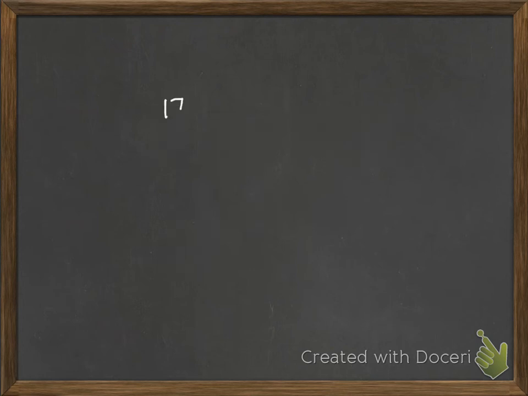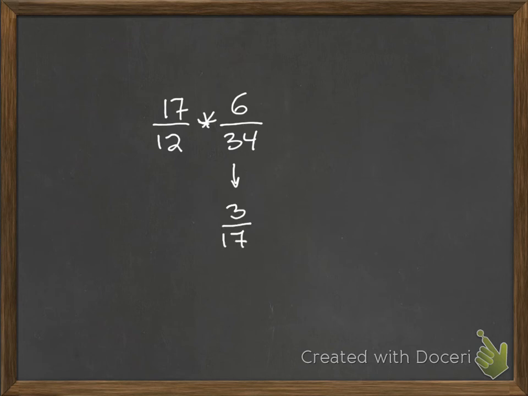Let's say I have 17 over 12 times 6 over 34. Okay, so is there anything that I can reduce? Well, one thing that we can reduce is 6 over 34. 6 over 34 reduces to 3 over 17.